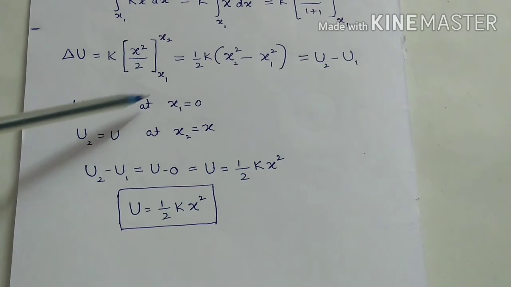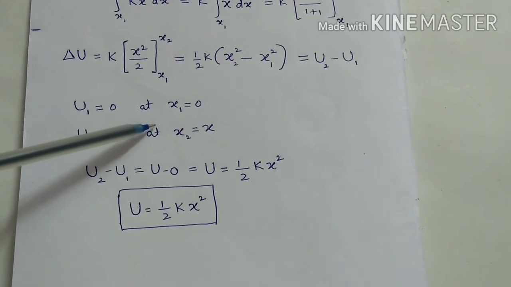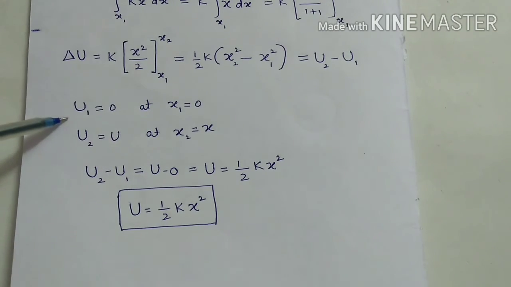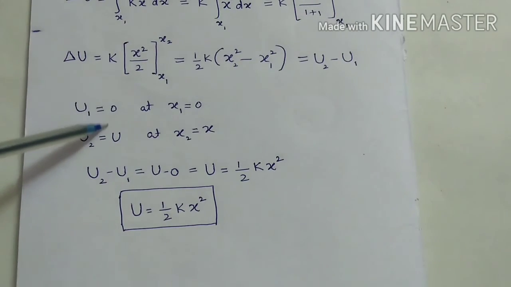Now at x1 equal to 0 means there is no compression. At that time potential energy is 0, U1 equal to 0.